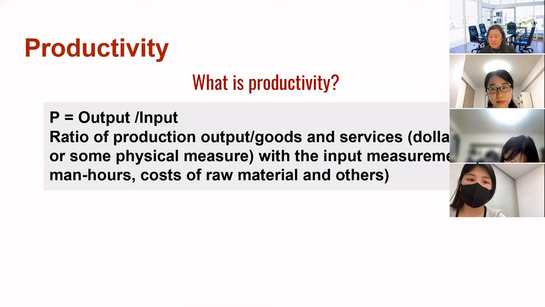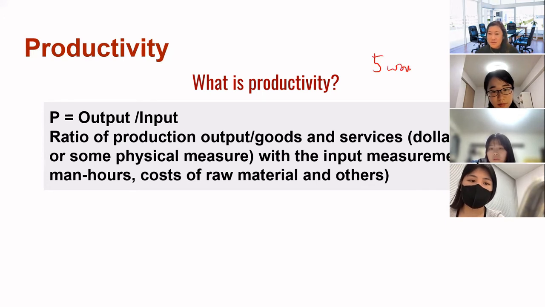Today, they work 8 hours. So how many hours do I have? Total man hours, 5 workers, 40 hours. Yes, correct. So you have 40 man hours.